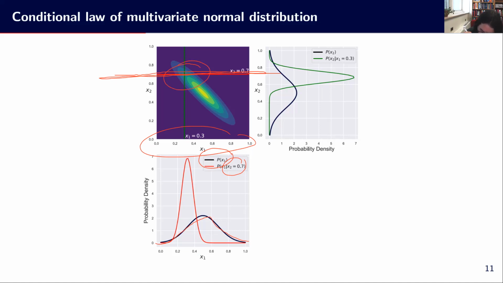In such a case, we have the red distribution here as our distribution of x1, given that x2 is equal to 0.7. And this is also a normal distribution. So here, the green and red curves correspond to normal distributions. P of x1 given x2 equal to 0.7 follows a normal distribution.